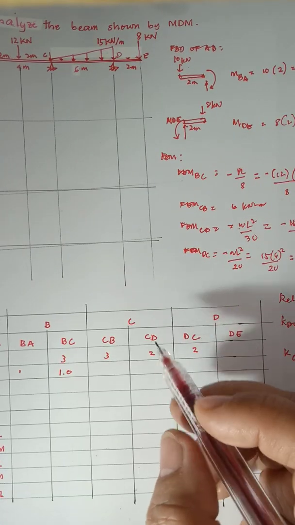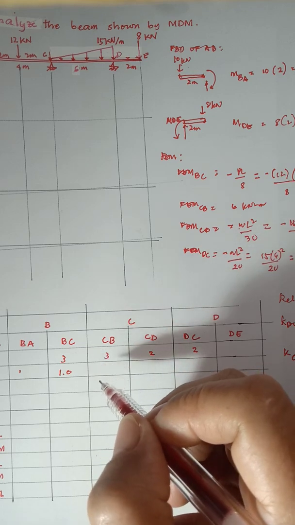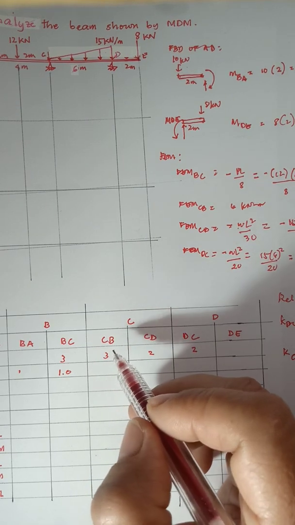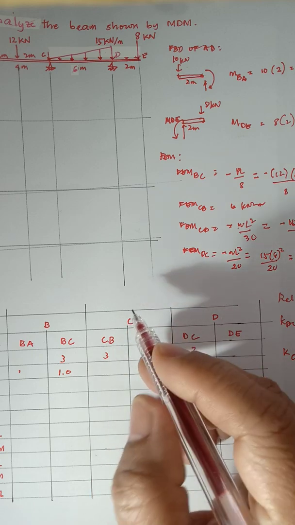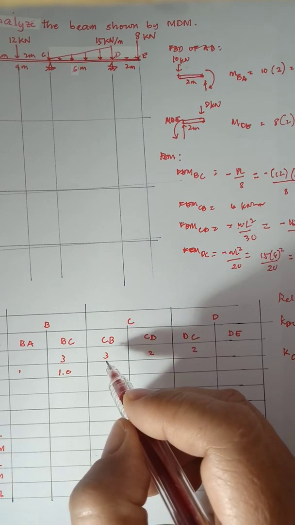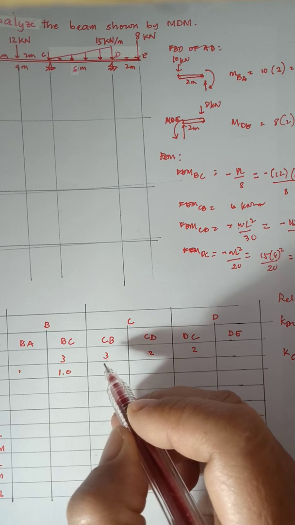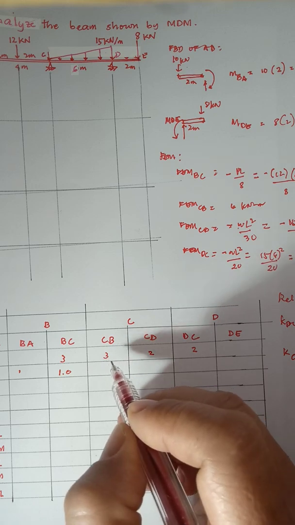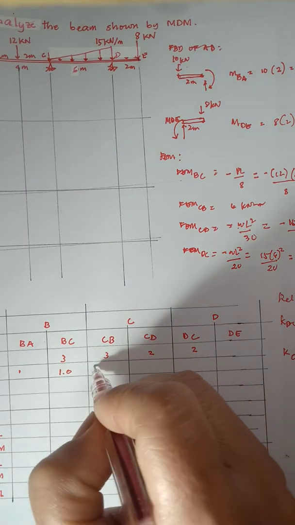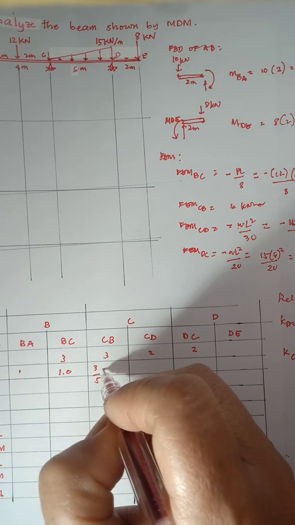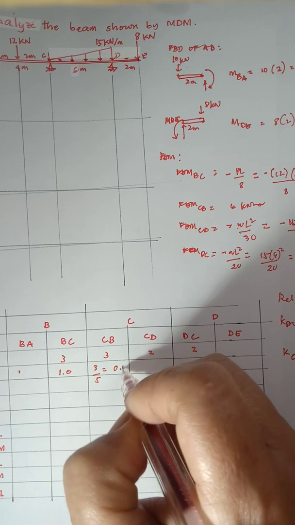And then for CB, CB is connected to CD, so at joint C you have 2 members. So this is K over summation of K. The summation of K at the joint is 3 plus 2, 5. So this is 3 over 5, equivalent to 0.6.